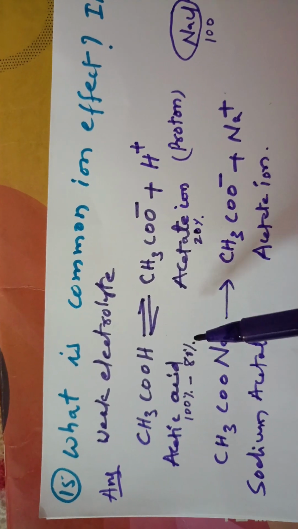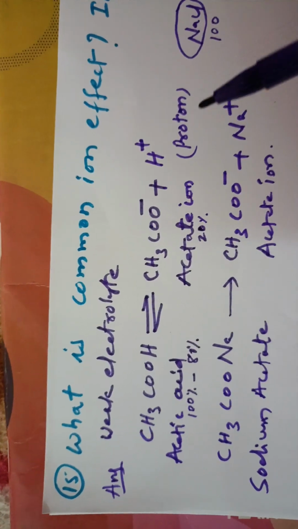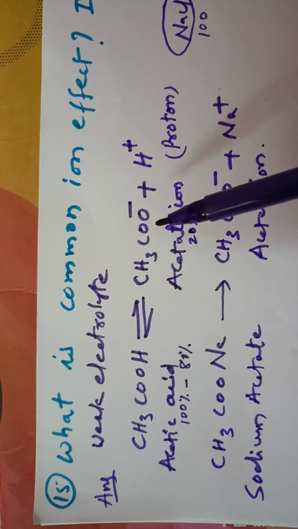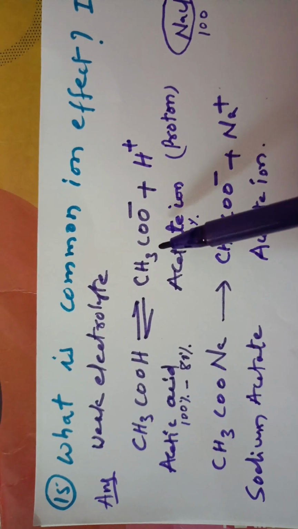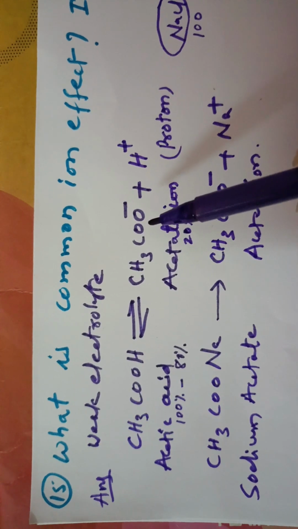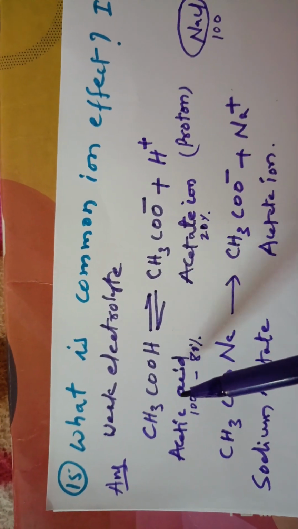After 20% dissociate into ions, some more molecules dissociate into ions, and at the same time some ions combine with H plus, and these two ions combine and form acetic acid again.